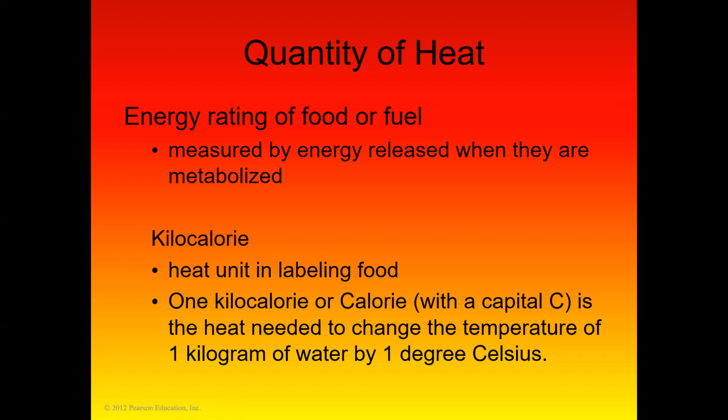On the bag, it's capital C. In the lab, it's lowercase c. So in science class, we're going to say lowercase c for calorie, but on your food labels, it's going to say uppercase C, capital C. The capital C is equal to 1 kilocalorie. So that's one difference that you're going to notice.